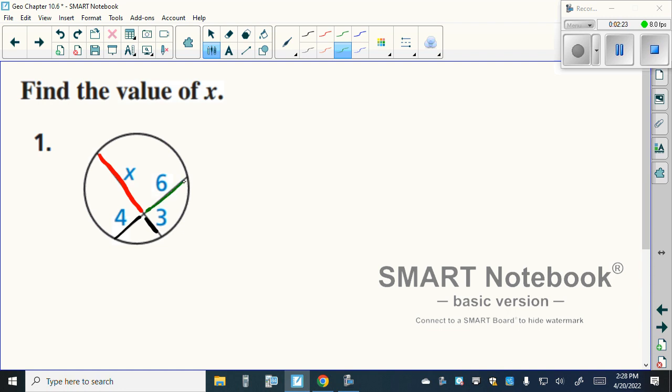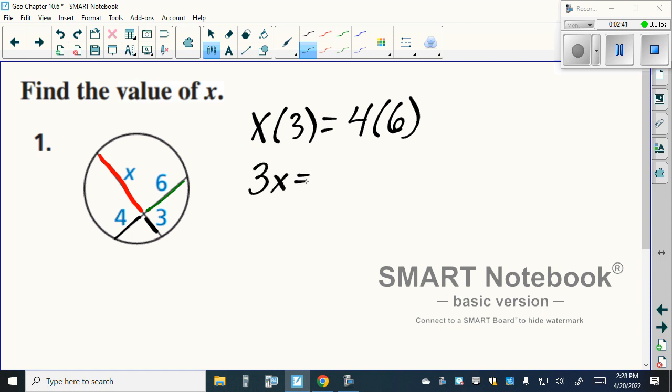They're going to be equal. So if we want to find the value of x, it'd be x times 3 and 4 times 6. x times 3 is going to equal 4 times 6. So x times 3 is 3x. 4 times 6 is.